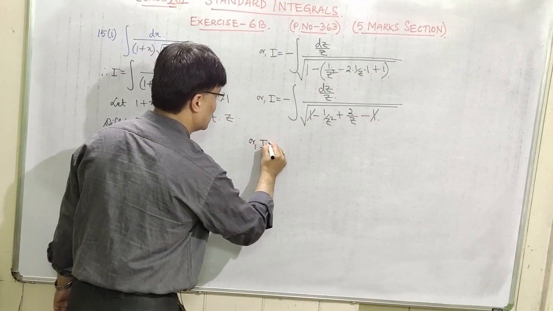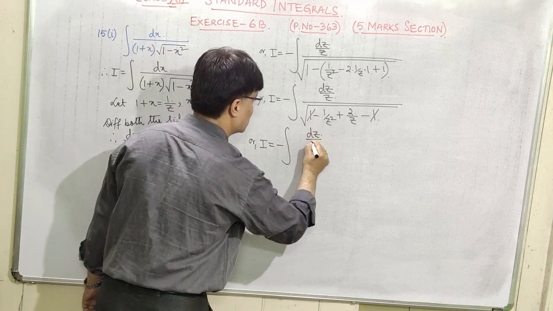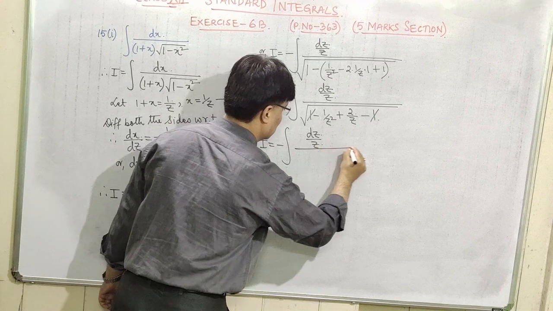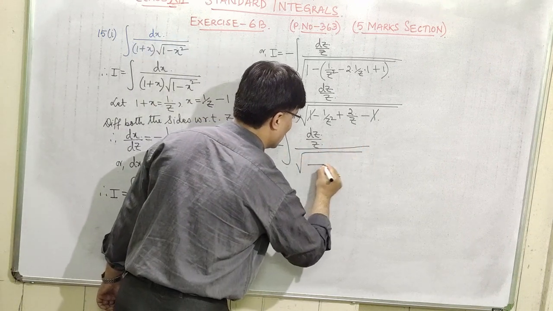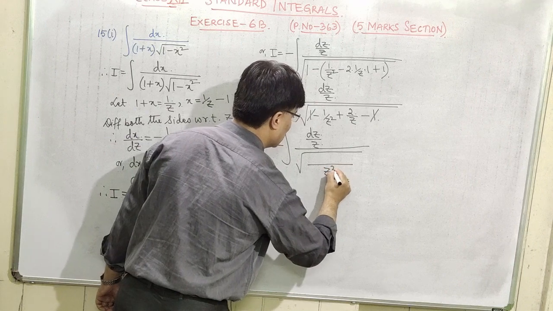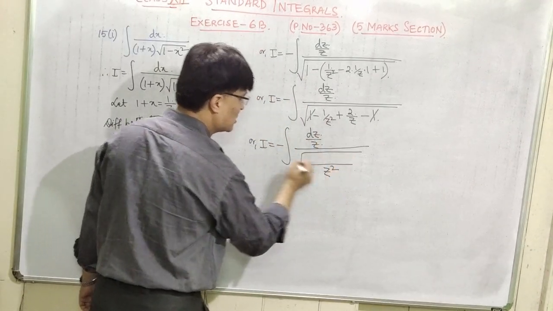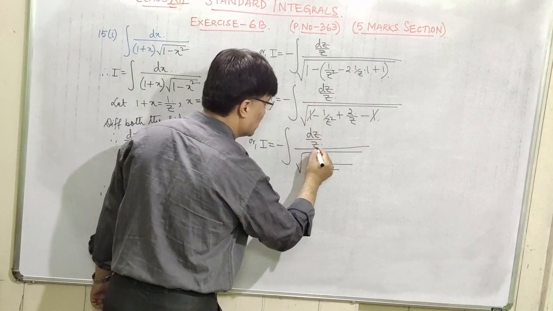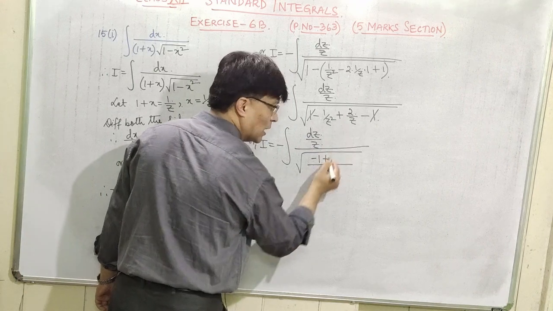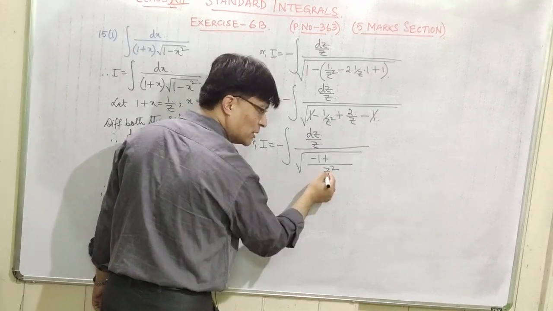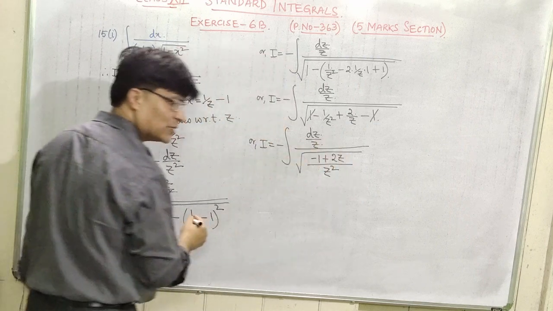So I is equal to minus integration of dz upon z divided by within a square root. What's the LCM here now? z square is the LCM, isn't it? z square and z, what is the LCM? z square. So in the numerator it becomes minus 1 plus, and now z square is divided by z, so it is z. z into 2 is 2z. Right?